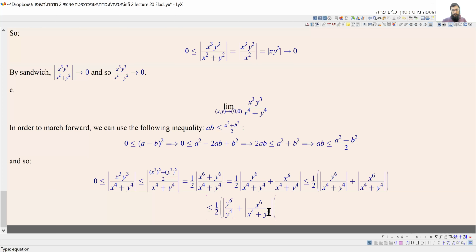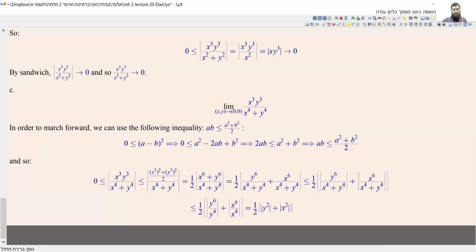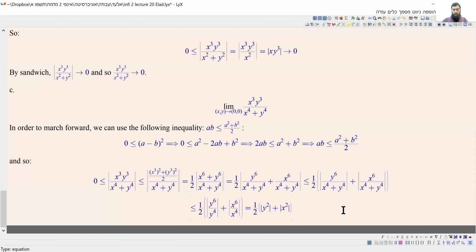We do it using our brain. We're left with half of y squared plus x squared, which goes to 0 without any exception.